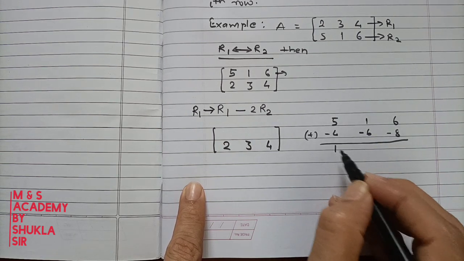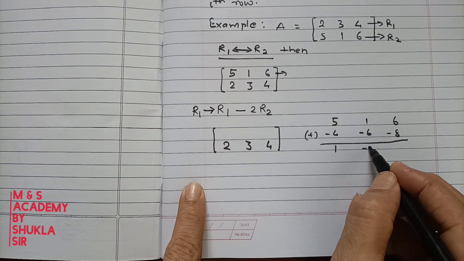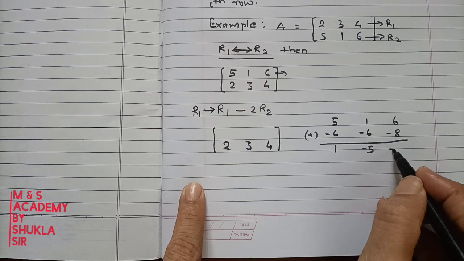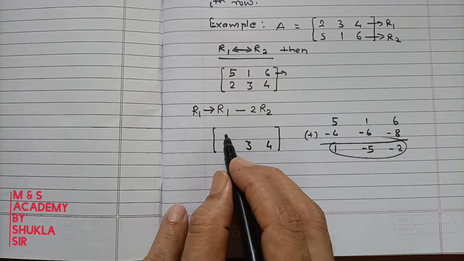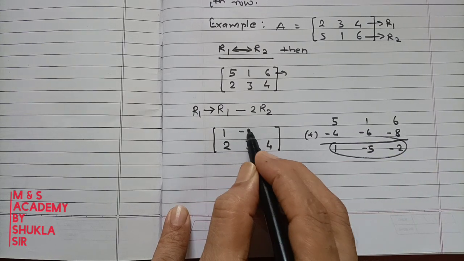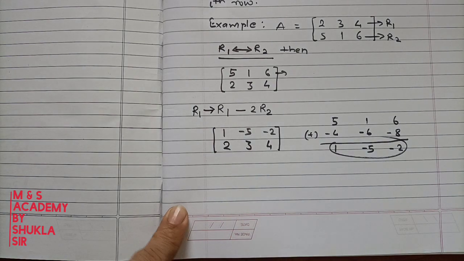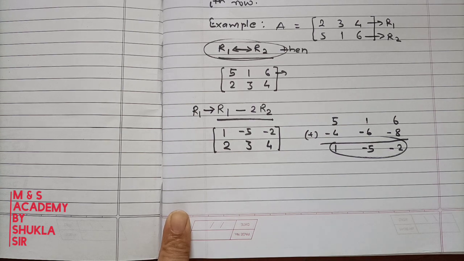So 5 minus 4 is 1, 1 minus 6 is minus 5, 6 minus 8 is minus 2. So we'll write this element with respect to their position. So this is R1 minus 2 times R2, and this one is R1 interchange R2.